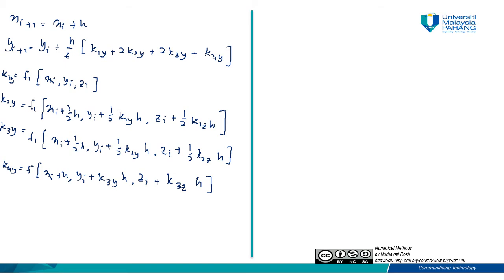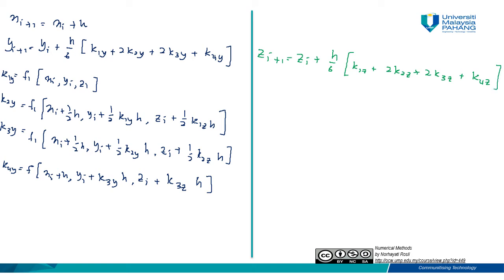Okay, so how about for z? So we have z_{i+1} = z_i + h/6 multiplied with (k1z + 2k2z + 2k3z and lastly plus k4z).